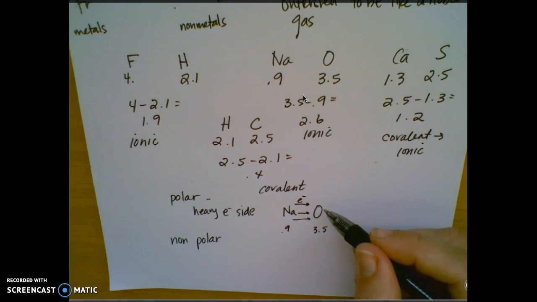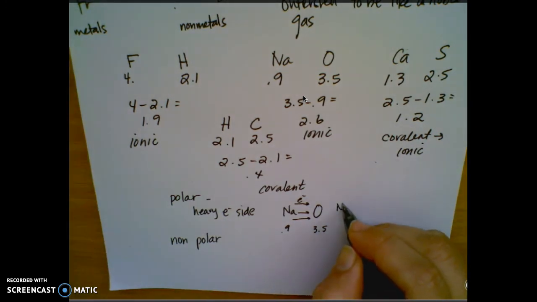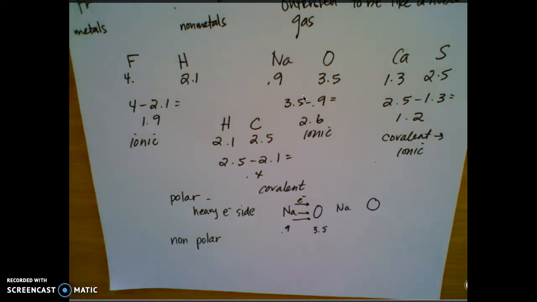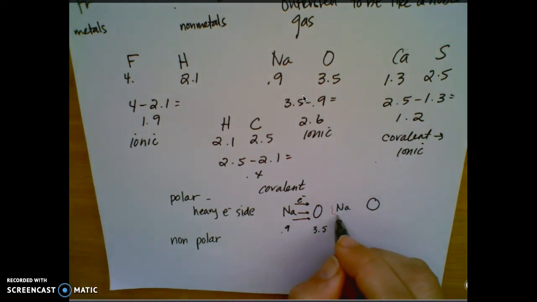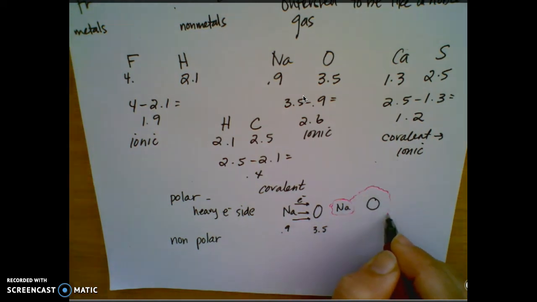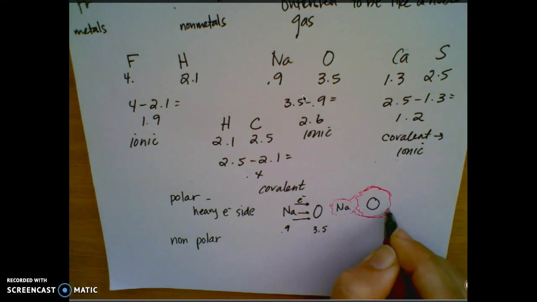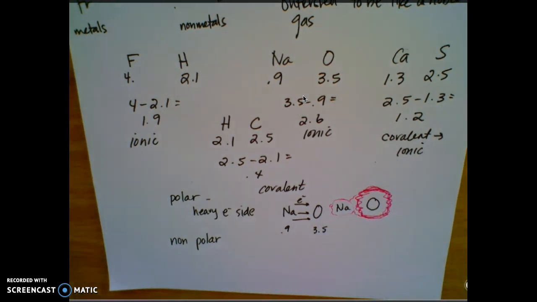So if you were to look at this and look at its charges, you would have sodium here and oxygen here, and let's say we call this our electron cloud. You would end up having a really thick electron cloud here by oxygen because sodium is not attractive to the electrons. It has a very low electronegativity.